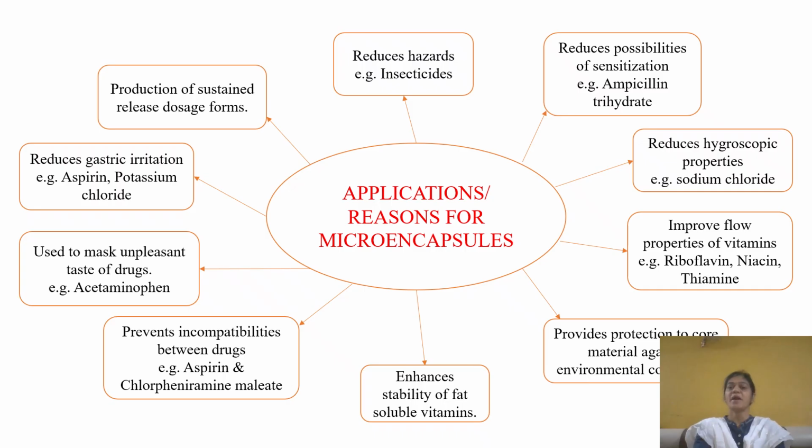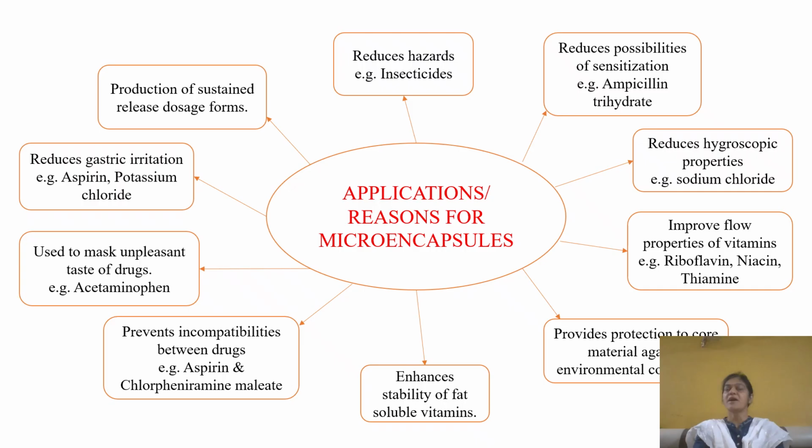Then it will provide protection to the core material from the environmental conditions, so that is more applicable for microencapsulation. It also enhances the stability of the fat soluble vitamins. After that, if any incompatibility occurs between drugs, this can be prevented with the help of microencapsulation, and the best example is aspirin and chlorpheniramine maleate.